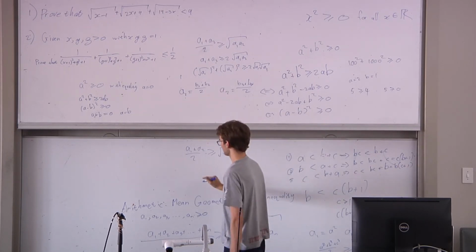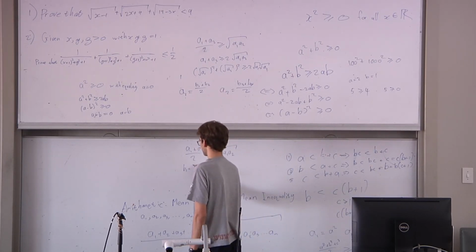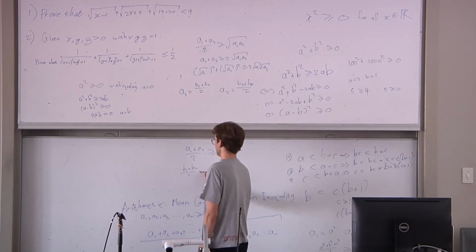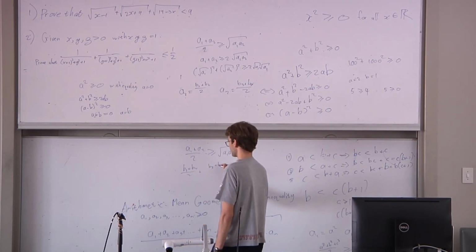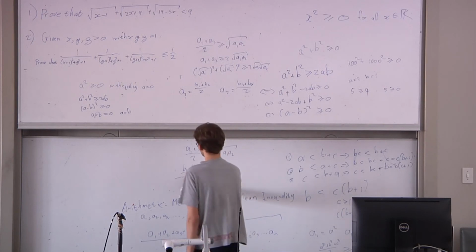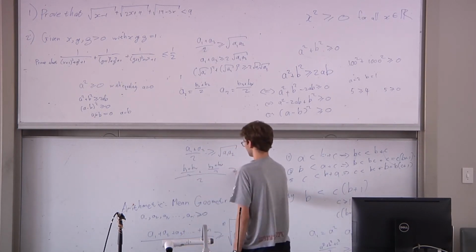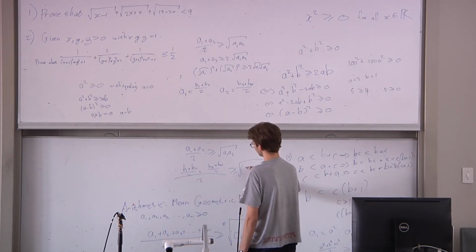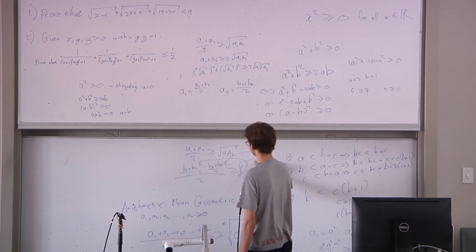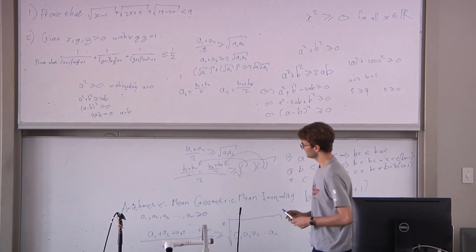So substituting this in gives (b1 plus b2) over 2 plus (b3 plus b4) over 2, all over 2, being greater than or equal to the square root of that thing times that thing there.